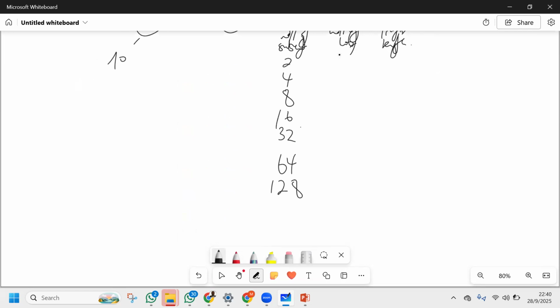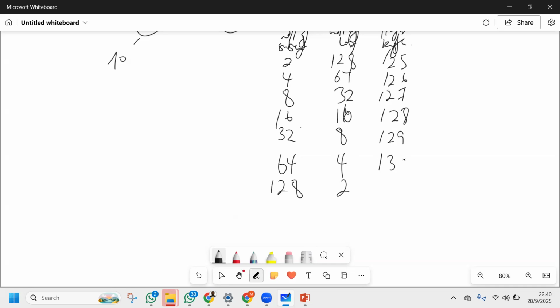Then I have 128 divided by 2 divided by 2 divided by 2 divided by 2 divided by 2 divided by 2. Then this becomes /25, /26, /27, /28, /29, /30. This one does not exist. Right. So what are we looking at?